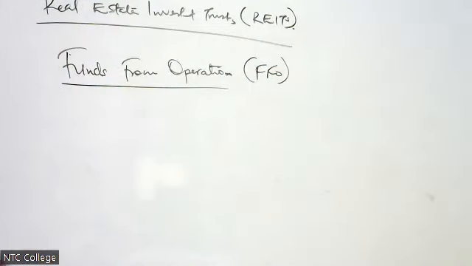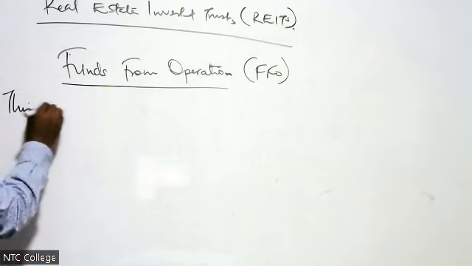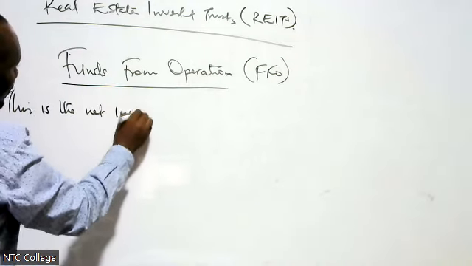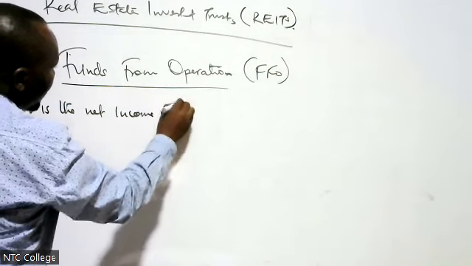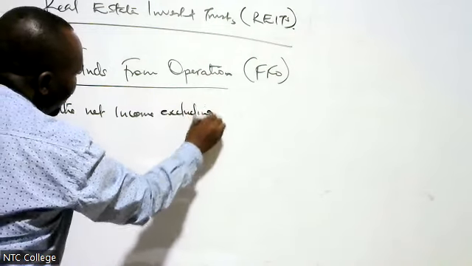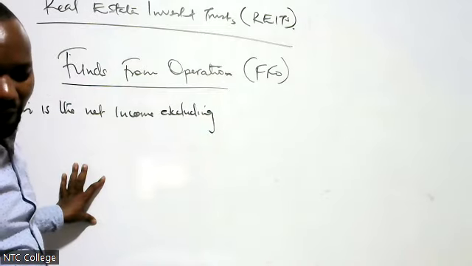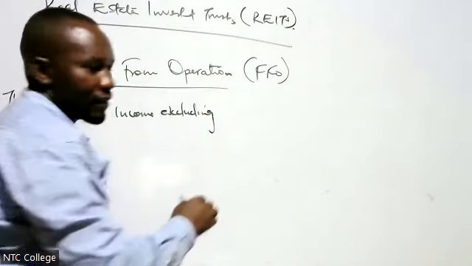Then you say that this is the net income excluding gains stroke losses.